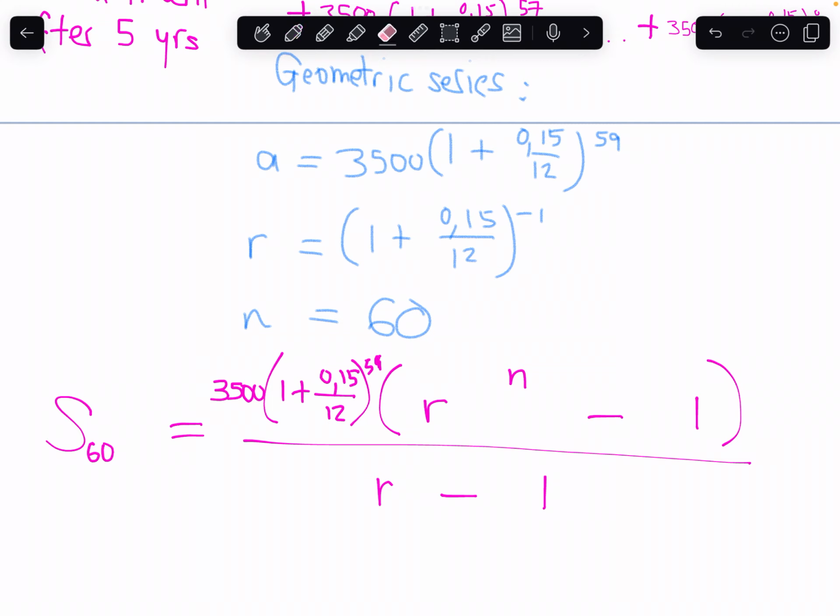Oopsie. And our r is 1 plus 0.15 over 12 to the negative 1.